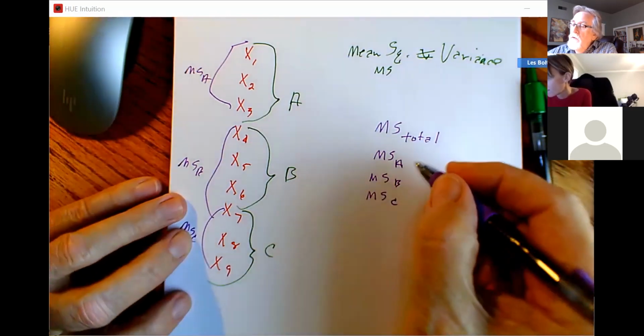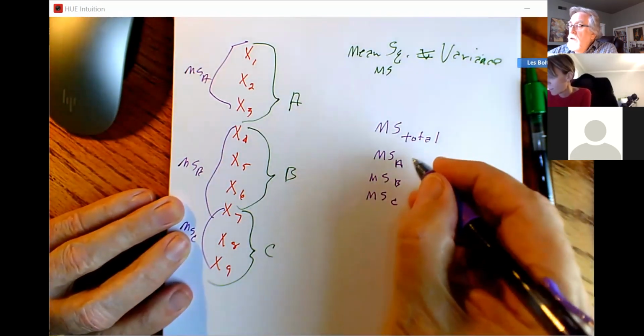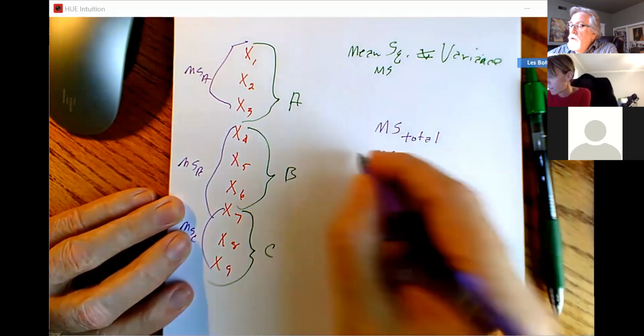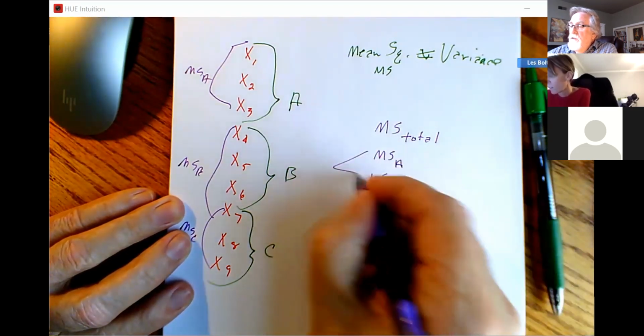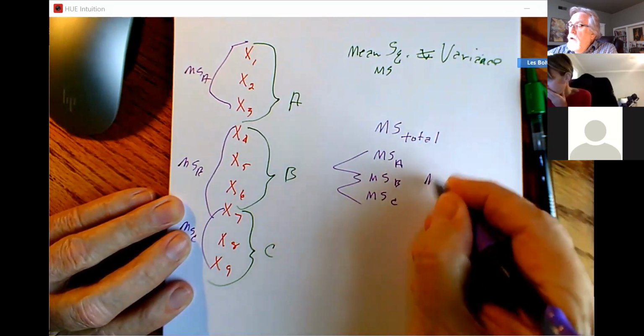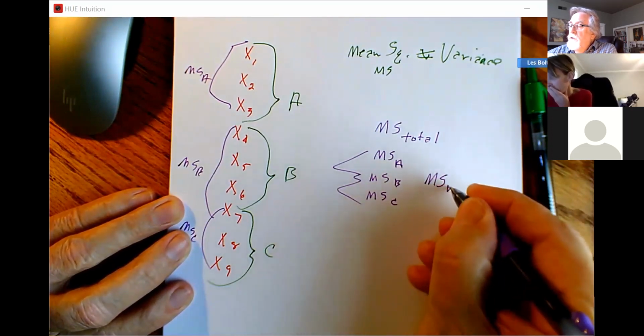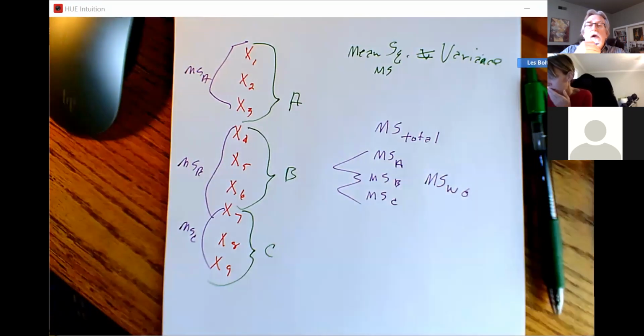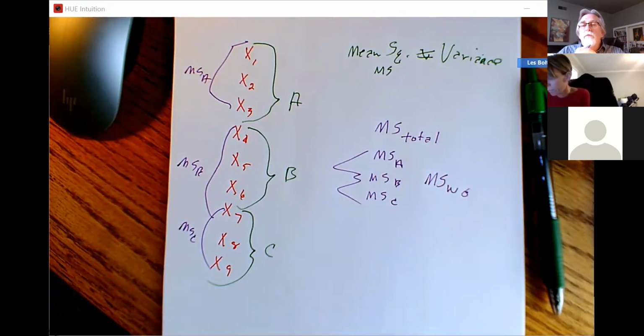And we could total those together. I mean, we could do a kind of summation of those mean squares, and we get what's called mean squares within the groups, WG, or within group.